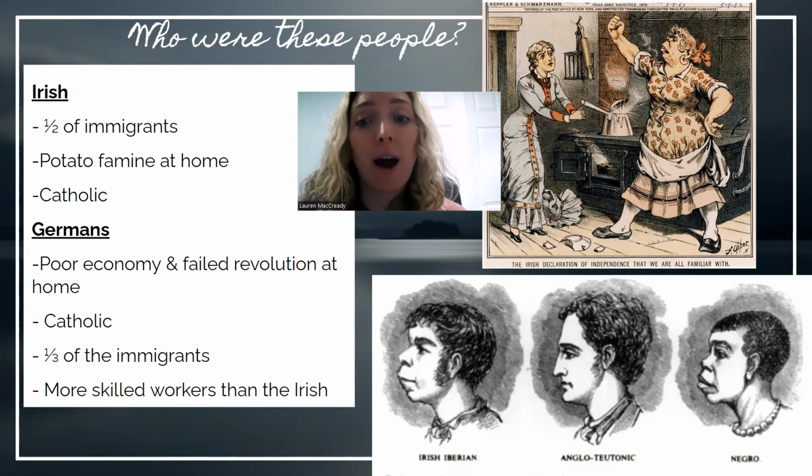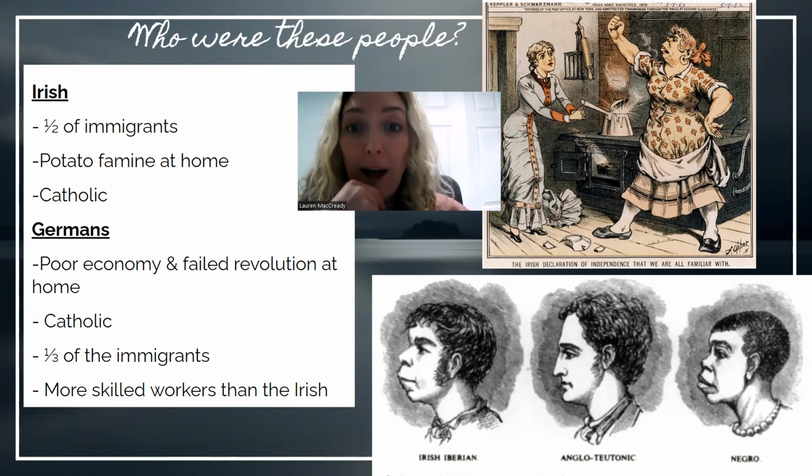But you can see how the Irish are also depicted closely to the African slave, because at this time they are making the medical, biological argument that the Irish are Black.